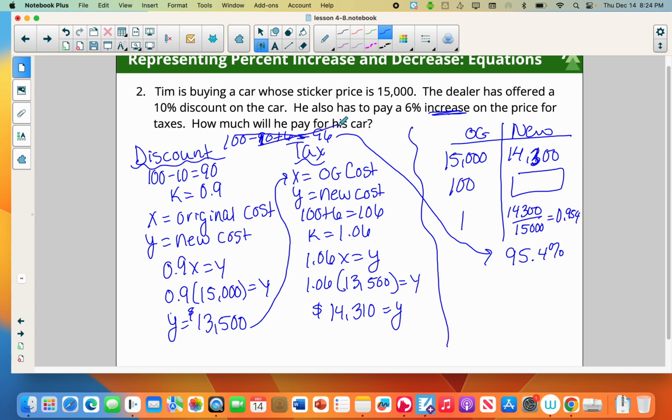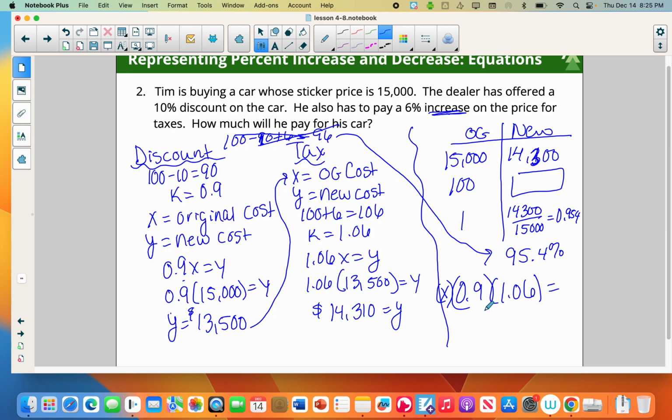So then I'm thinking, okay, well, how might I get this? Well, in the original equation, I multiplied by 9/10. And then in the second equation, I took what I got after multiplying by 9/10 and I multiplied it by 1.06. So I have x times 9/10 times 1.06.